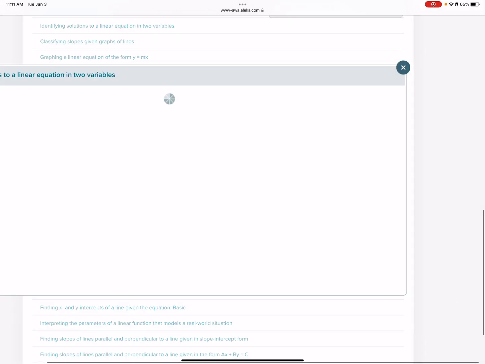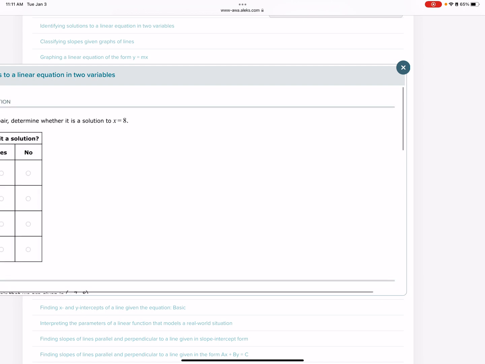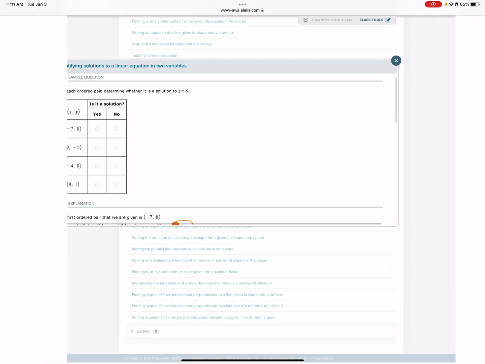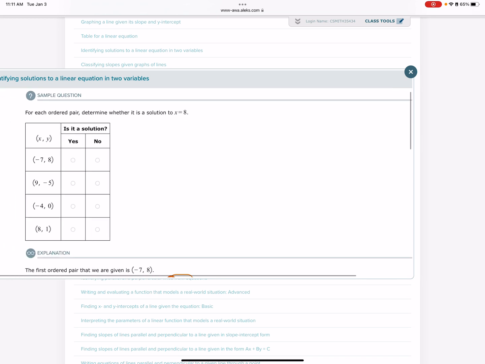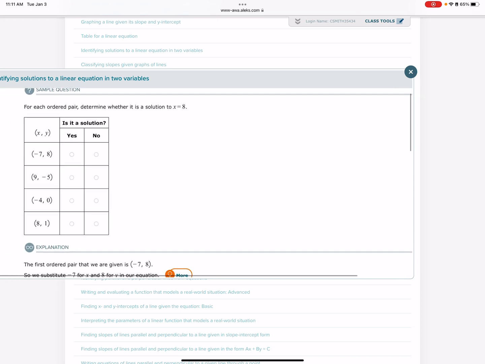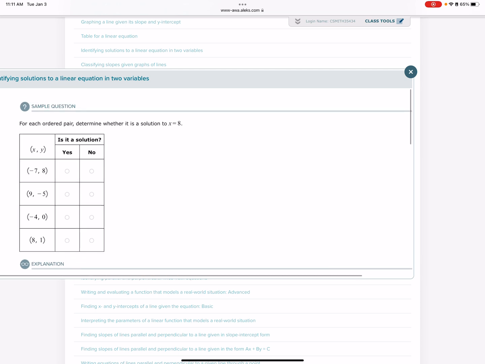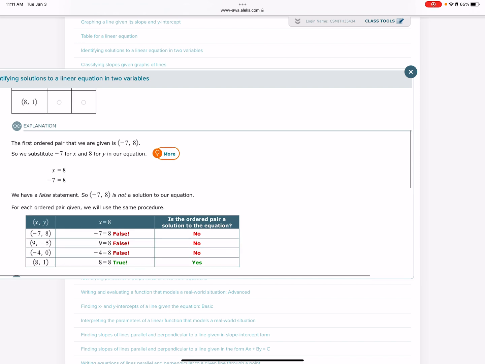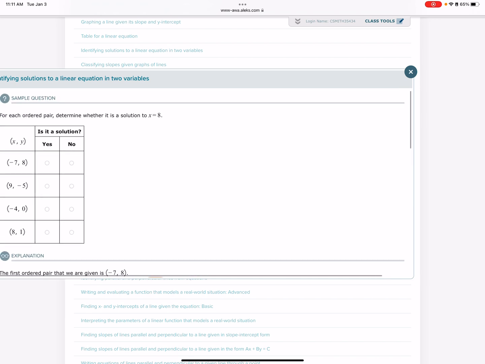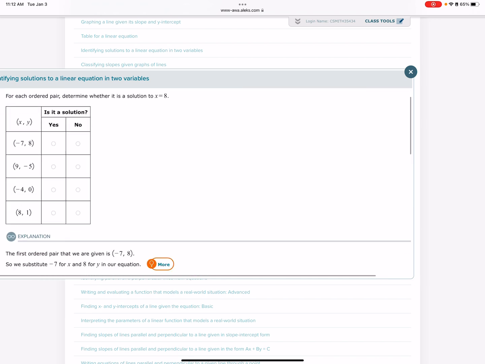Okay, identifying solutions to linear equations in 2 variables. For each ordered pair, determine if it's a solution to x equals 8. The first ordered pair we're given is negative 7, 8, and we ask, is this a solution?